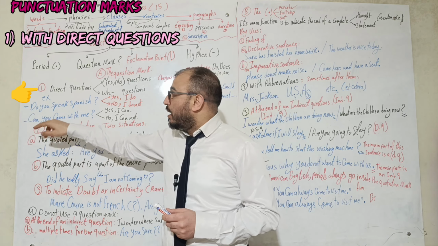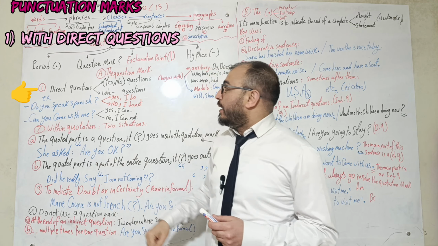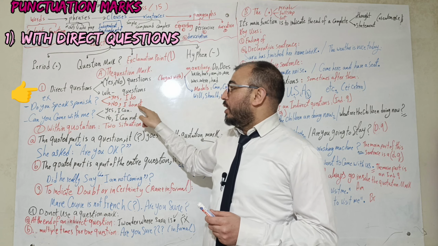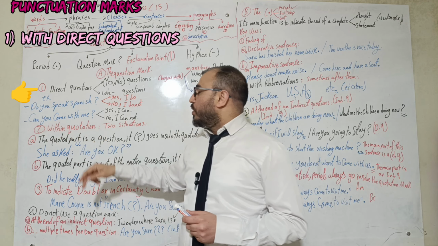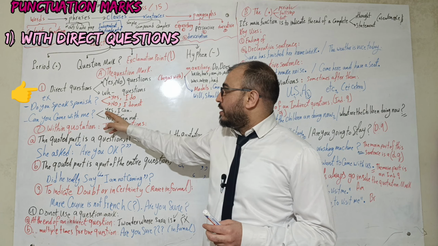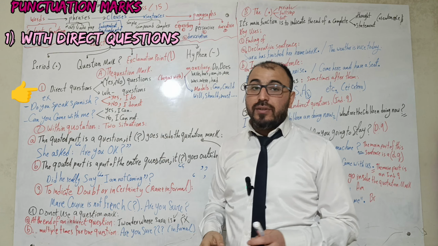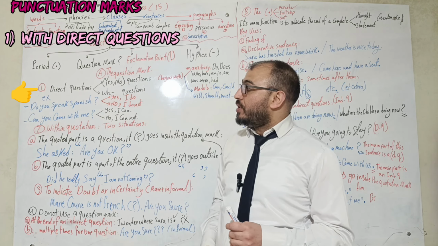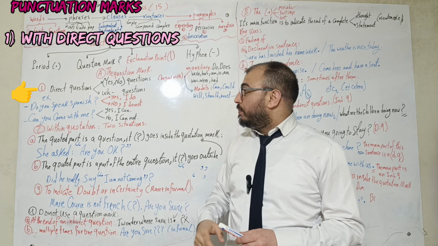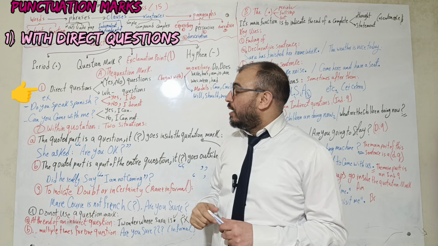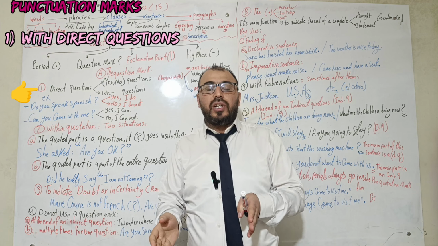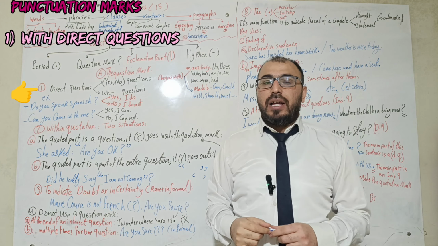In here we have two examples. Do you speak Spanish? The answer is either yes, I do, or no, I don't. Can you come with me? The answer should be either yes, I can, or no, I cannot. In here, my friends, those are yes-no questions or short questions, while the other type of question is the WH questions, like how are you, how old are you, where are you from, and the others.